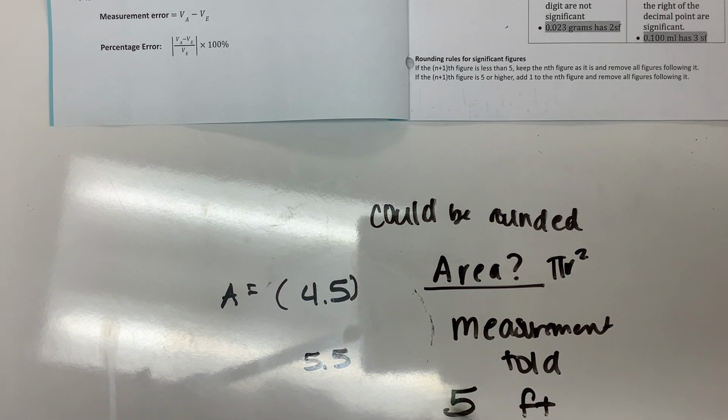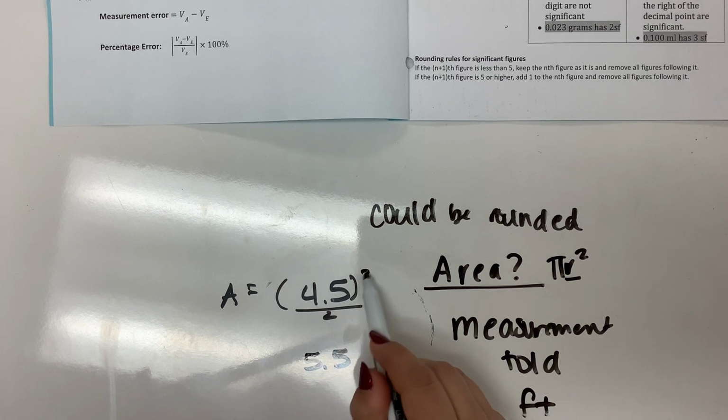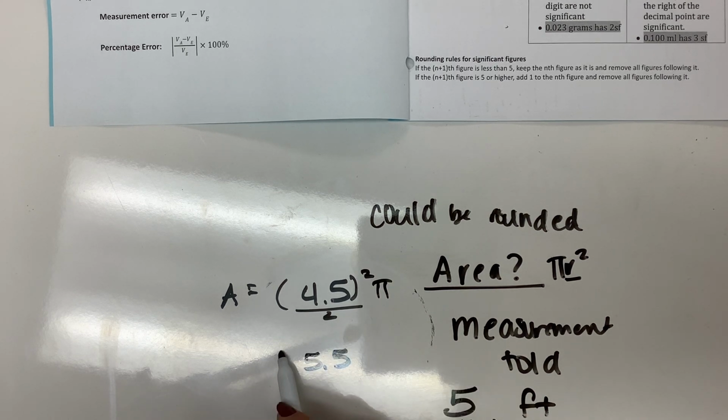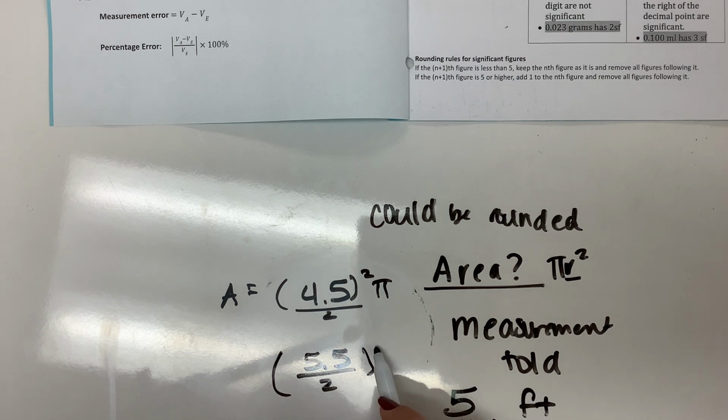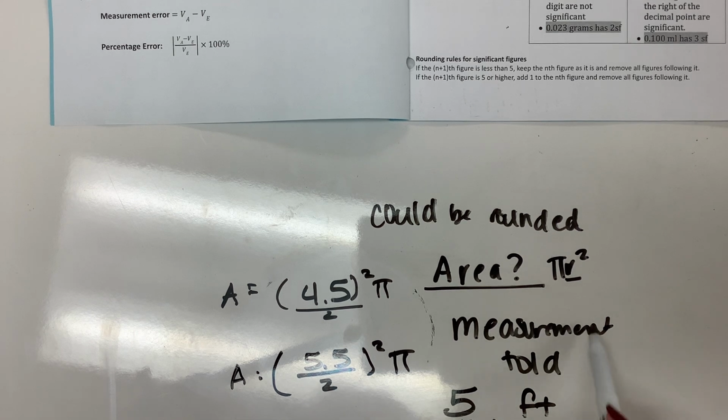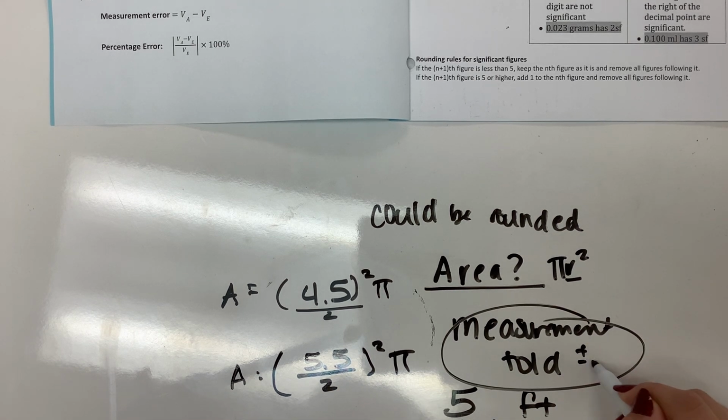If this is my diameter, I have to use my radius. So take this, divide it by 2, square that times pi, and do the same with the other bound. Those would be my upper and lower bound areas. Take the measurement and go plus or minus 0.5.